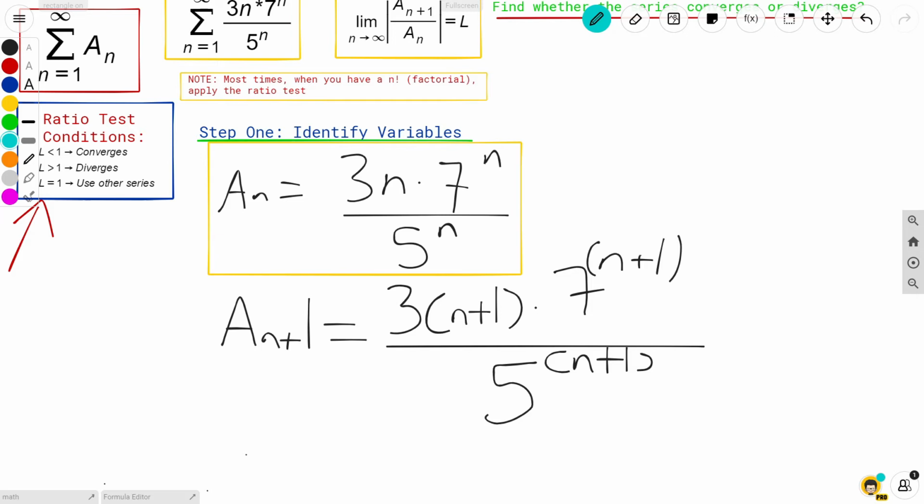And now the next step, step 2, is we're going to go ahead and apply the ratio test. And we're going to do this by computing the limit of a sub n plus 1 divided by a sub n.